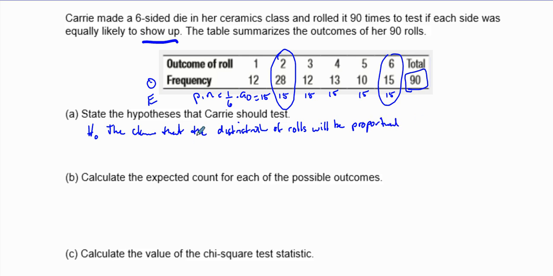That's the claim that the distribution of rolls will be proportional to the 6-sided die. So each roll should be about 1/6.